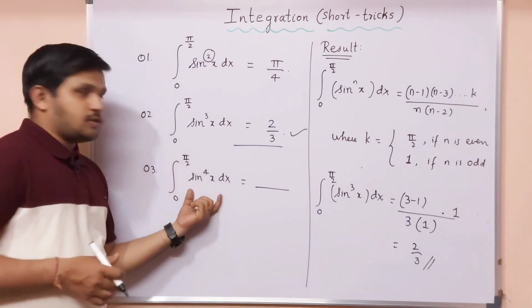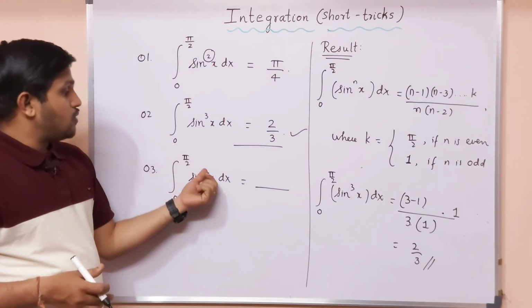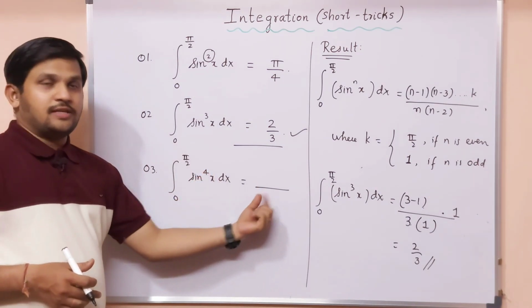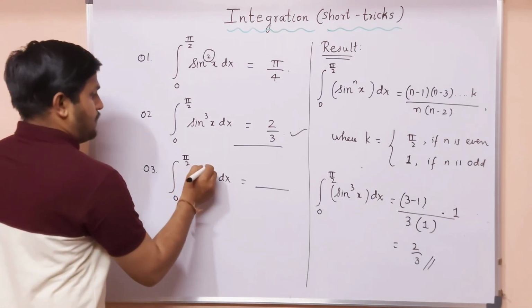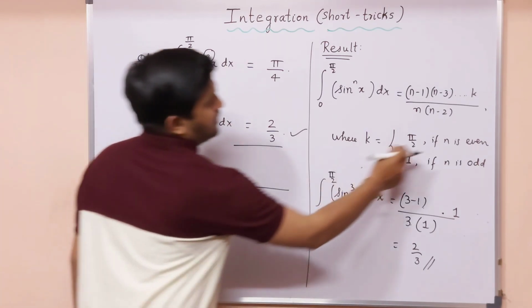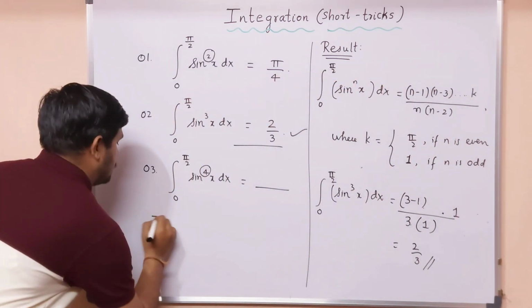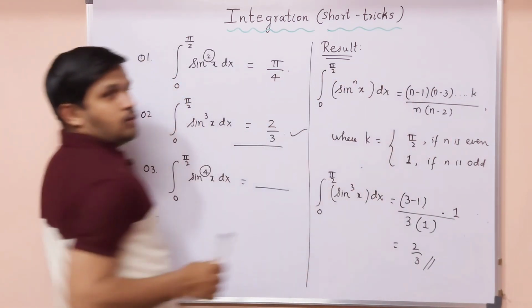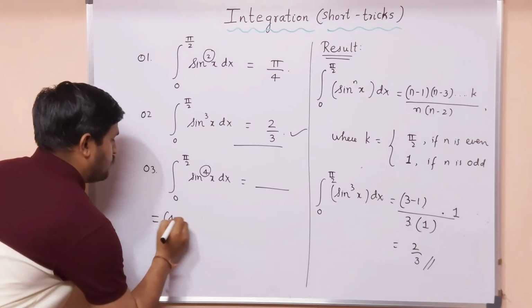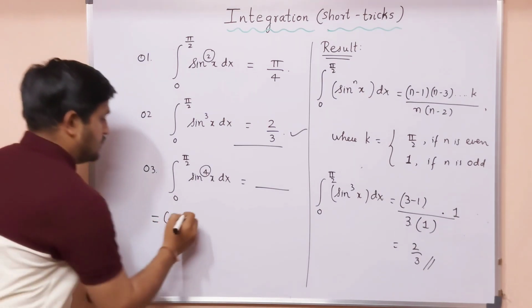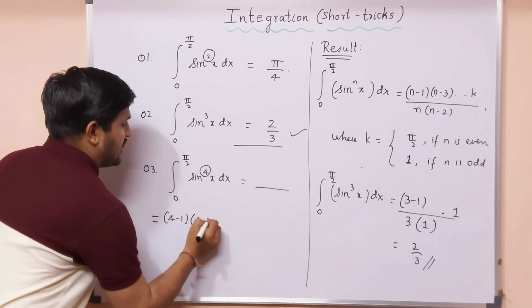Now you do it for this: sin x whole power 4 dx. You need to fill this. What is the power? The power is even, so the value of k is pi by 2. That is fixed. So put n equal to 4. What will you get? 4 minus 1, and next 4 minus 3.